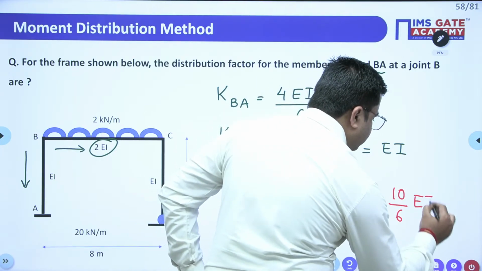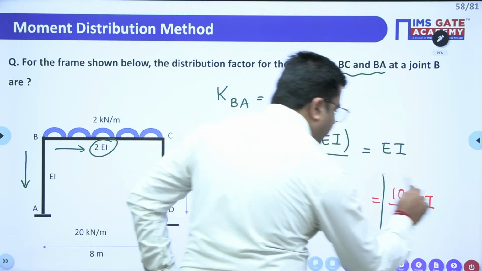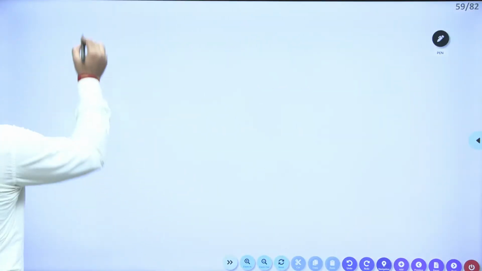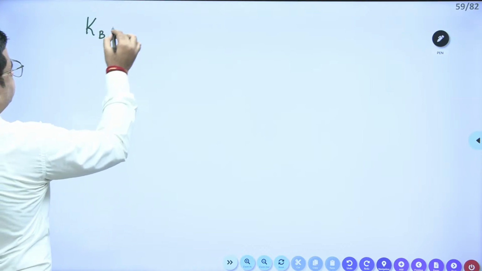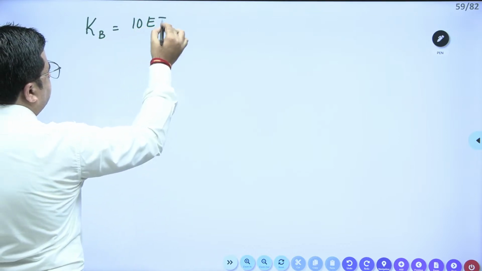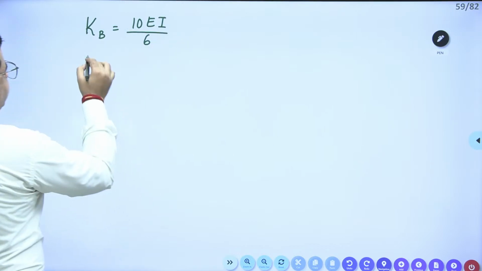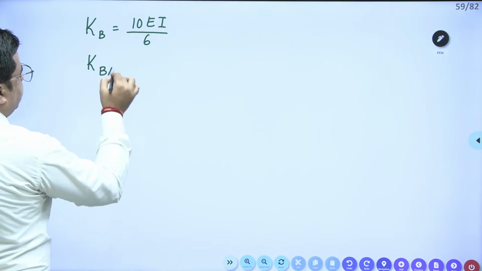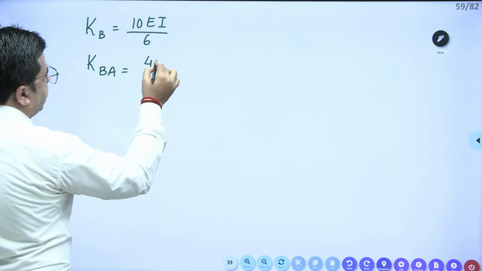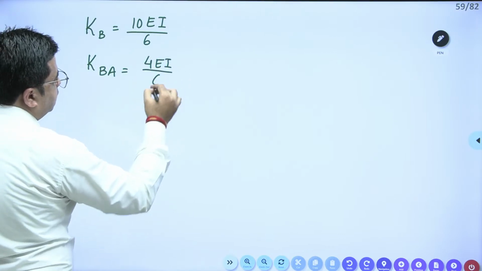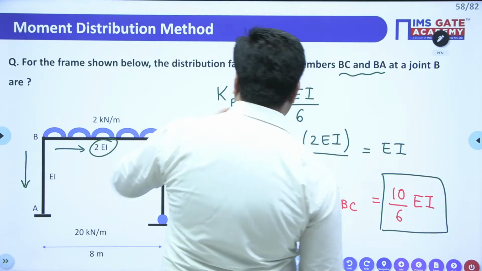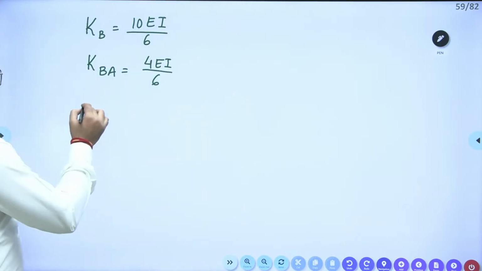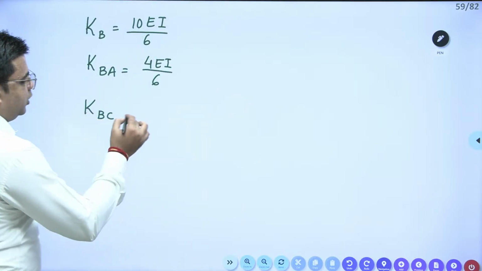This is the stiffness of joint B. Then the stiffness of member BA is equal to 4EI by 6, and the stiffness of member BC is equal to EI, right?